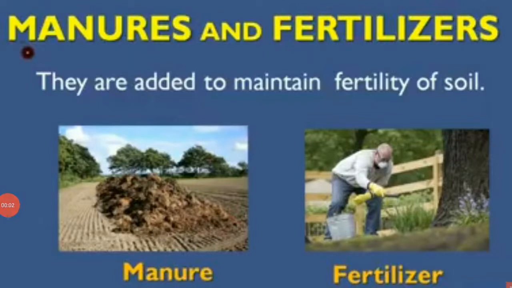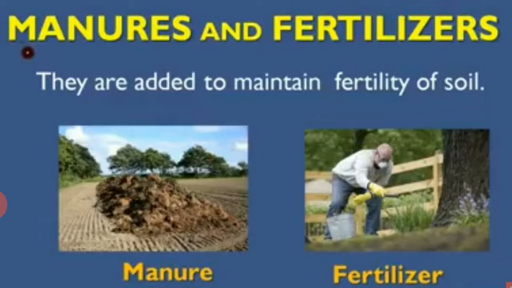Let's see what causes poor nutrition of the soil, meaning less fertility, a shortage of nutrients in the soil. Farmers may grow crop after crop in the same field. The same type of crops is usually grown again and again in the same field, and the field is never left uncultivated. So continuous growing of crops leads to poor nutrition, as the nutrients present in the soil are continuously used by the plants, leading to a shortage of nutrients.